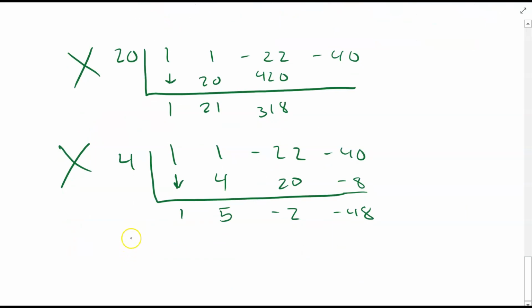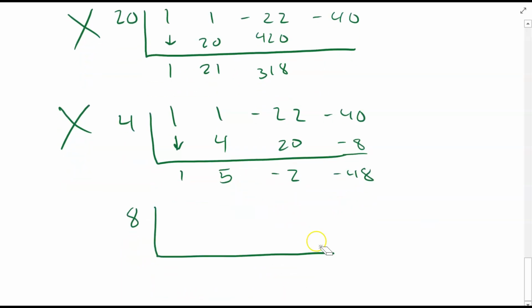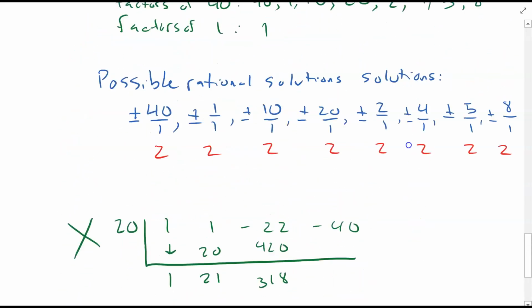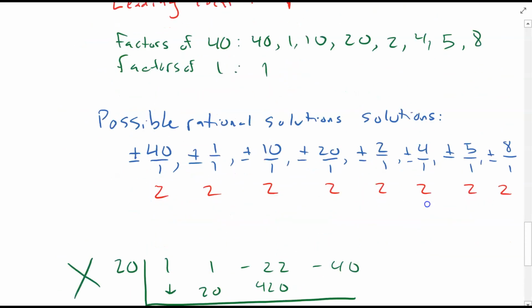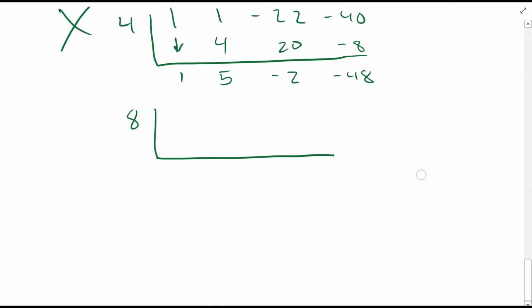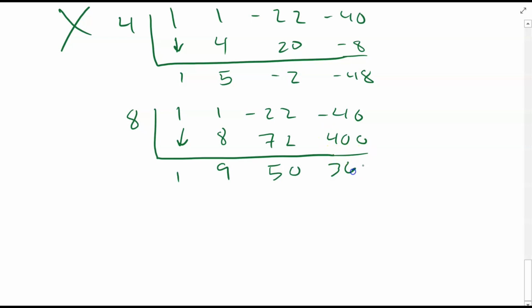Let's try another guess. 8. Okay. Why are we only picking positives, guys? What do we know about one of the factors because it's a minus 40? Yeah, one of them has to be negative. But we can do 8 still. That's fine. You see why we wanted to get good at synthetic division, though, right? Because, boy, it makes life a lot easier if you're able to do this quickly.